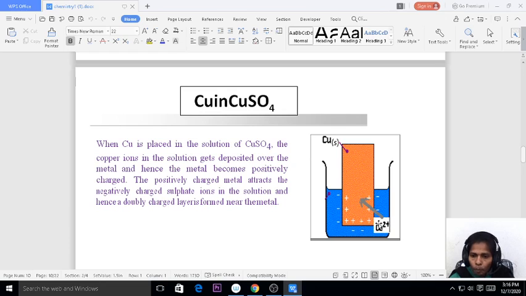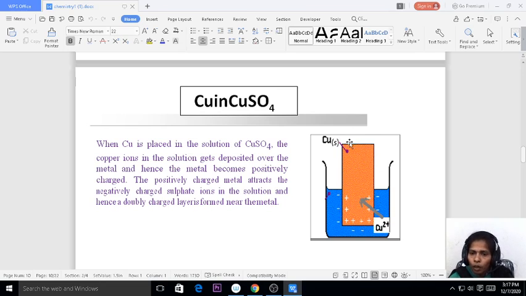Whatever Cu2+ ions are present in the electrolyte, these Cu2+ ions are deposited on the surface of the metal. So when the metal is deposited by the Cu2+, the metal gets the positive charge. Now this metal undergoes reduction.